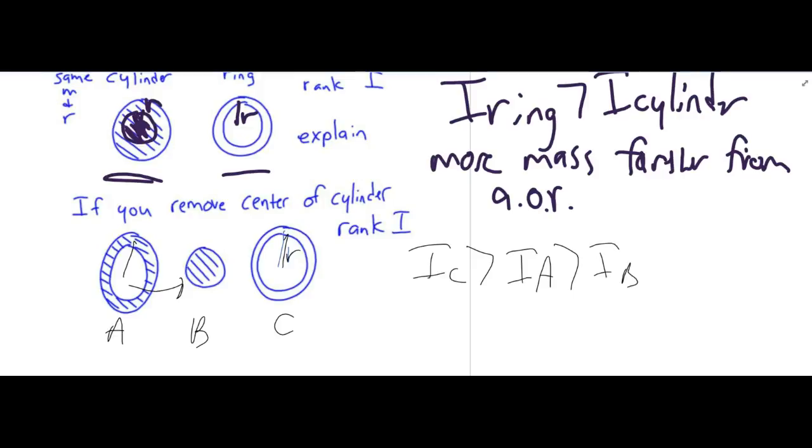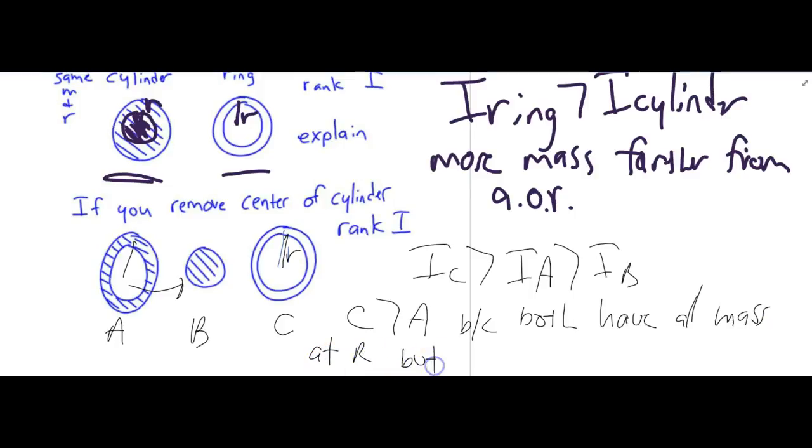Okay. Why is C greater than A? Okay. C is greater than A because both have all their mass at the radius, but C has more mass.